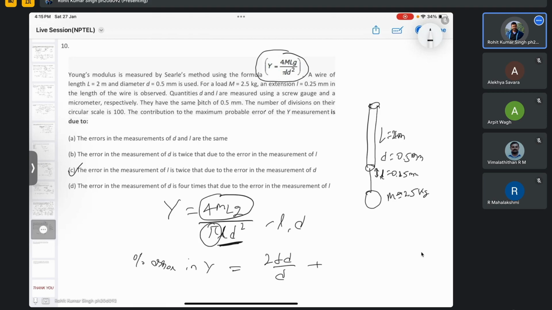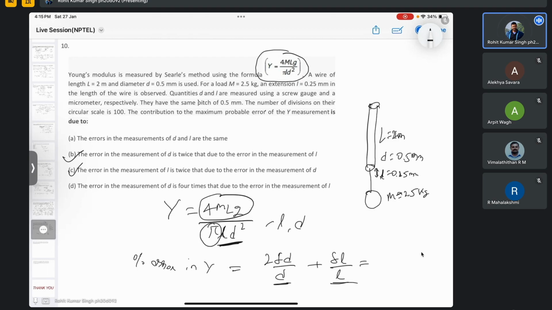And L will be just delta L by L. Now what do you think? This is 2 times. B. That is measurement in D is twice. Okay, Arpit says this.